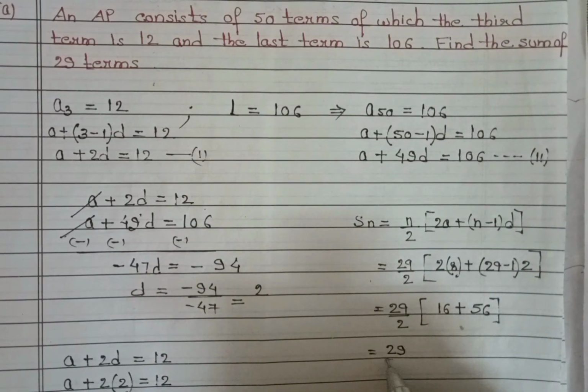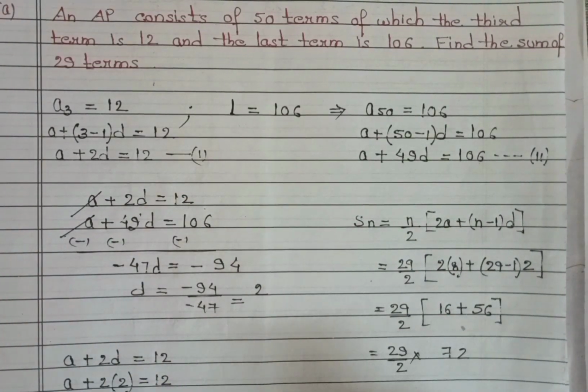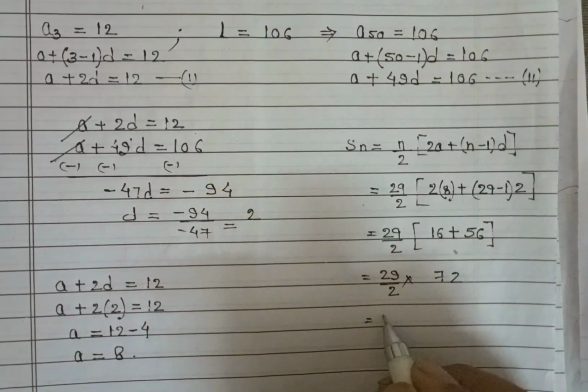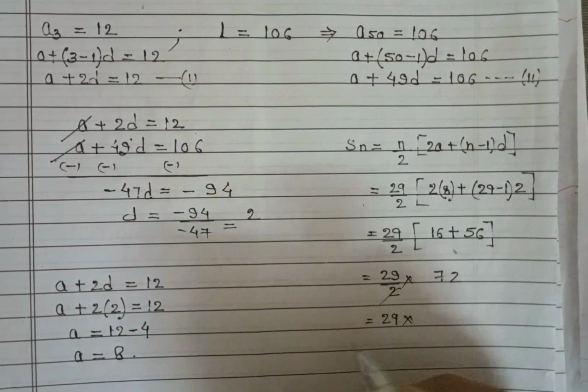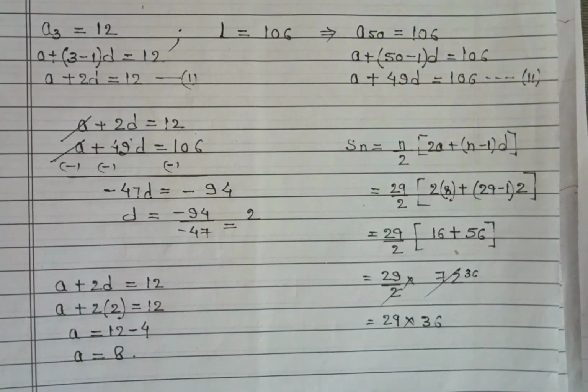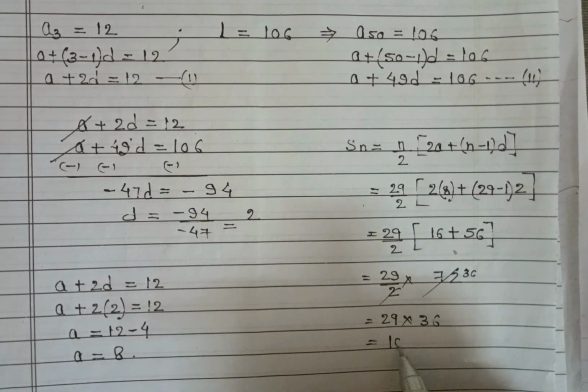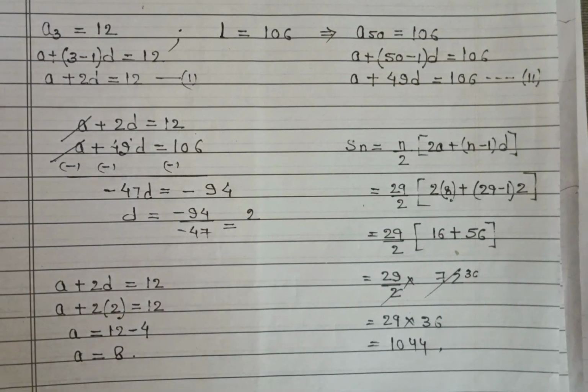So 29 upon 2 into 72 gives 1044. So this will be the result.